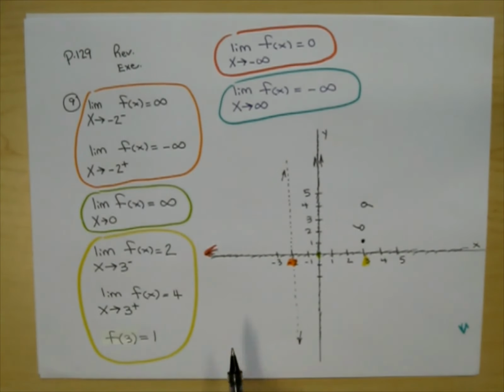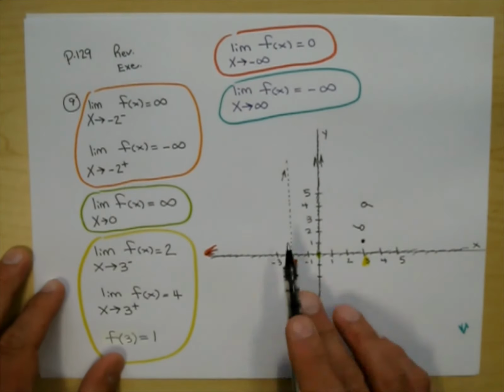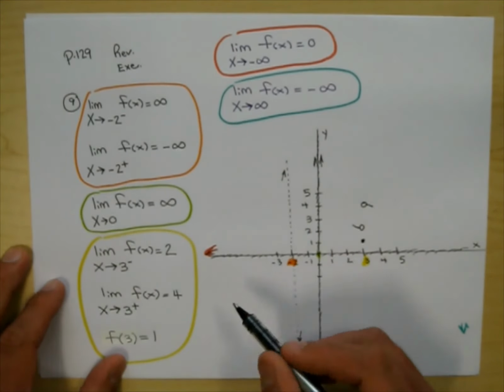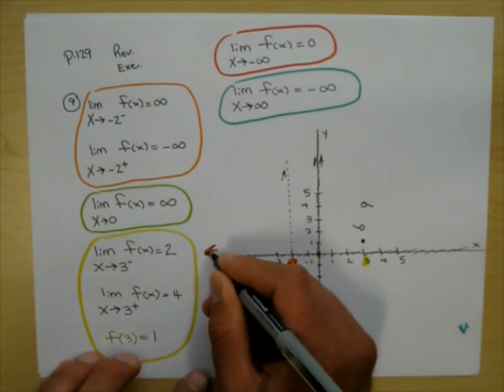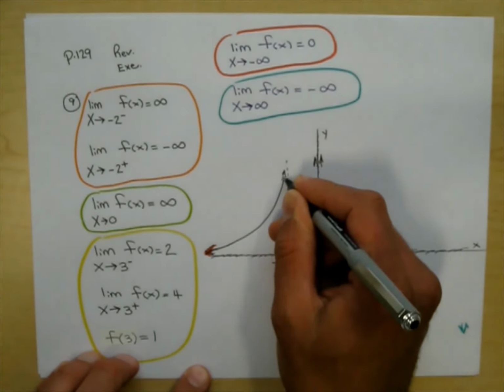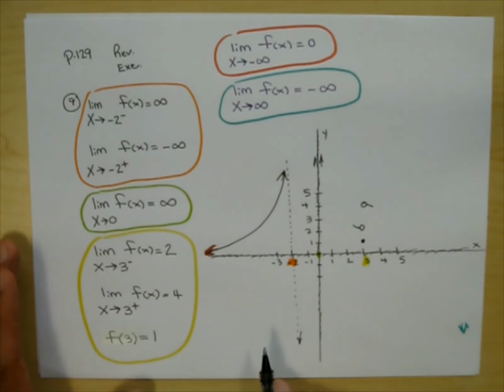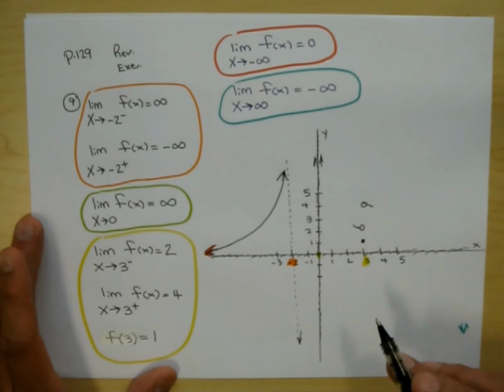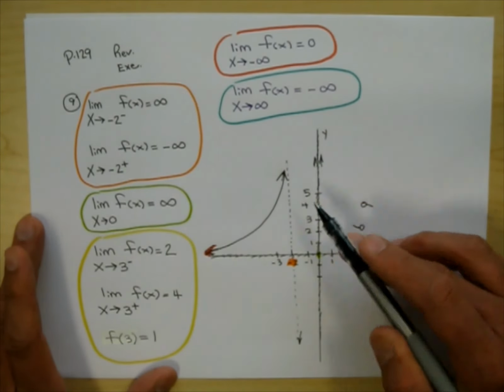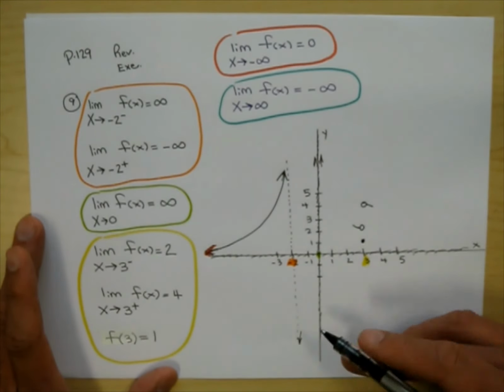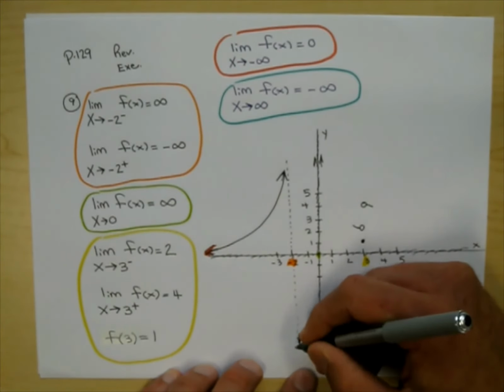So let's see if we can try to put this all together. I have this vertical asymptote. On the left, it's going to be going up, and I have this horizontal asymptote, so we'll just try to put it all together. There is not one unique graph for this. There's different ways we can do this, and we'll talk about that. I have an asymptote here and 2 vertical asymptotes, and it looks like it's going to go like this.